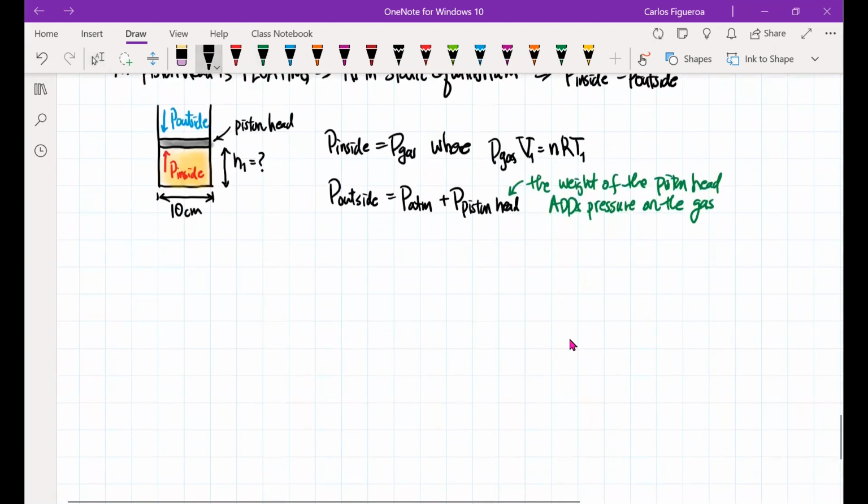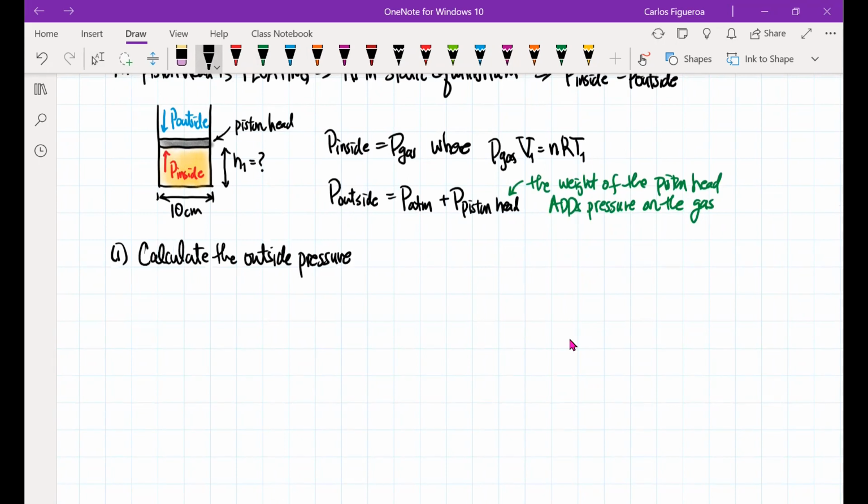Here we go. The first thing I need to calculate is the outside pressure. If I calculate the outside pressure, it should be written like this. I know that the outside pressure has to equal the pressure of the atmosphere, which is a well-known value, plus the pressure due to the weight of the piston head.